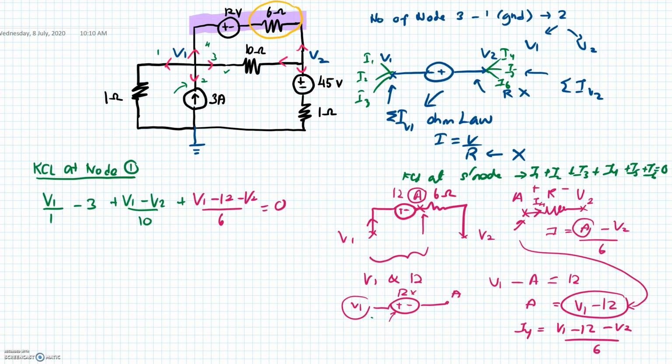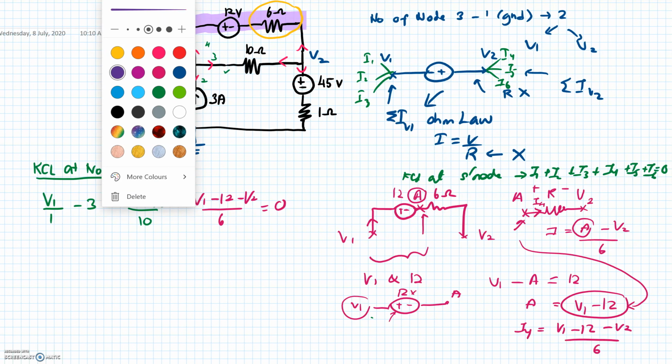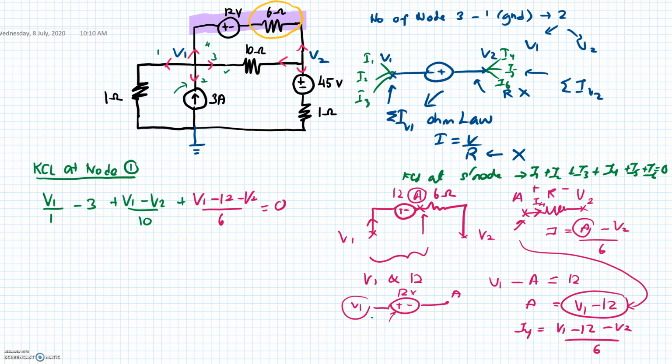How about the KCL at node 2? As for the KCL at node 2, I assume this one as 1, 2, okay, and then this one as 3.